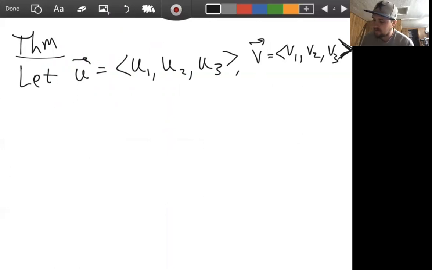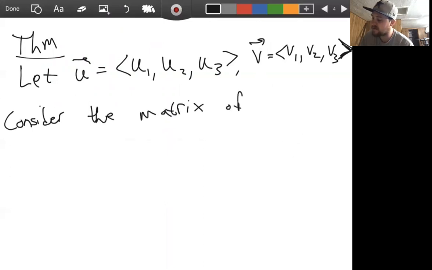If we consider the matrix of row vectors, row vector just means each row of the matrix is a vector, right?